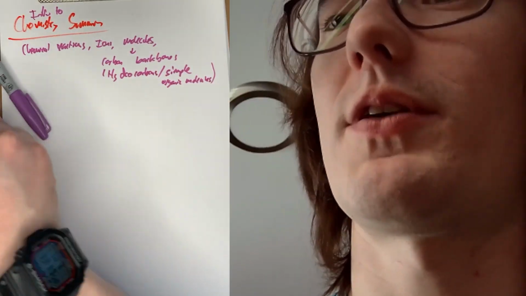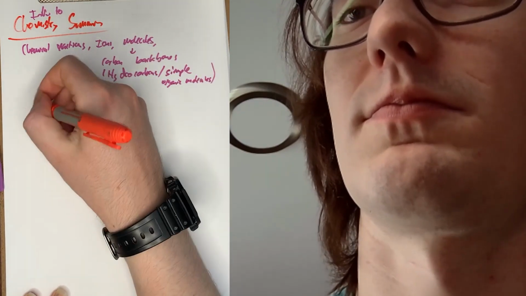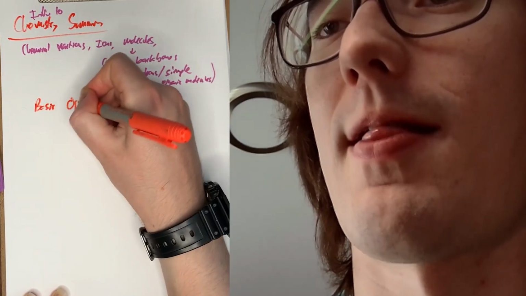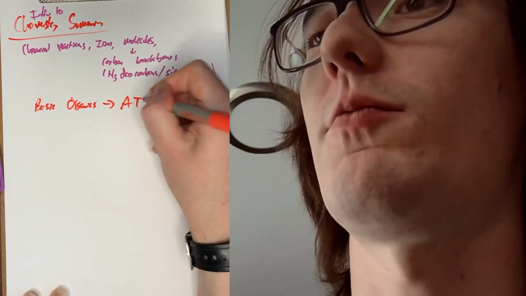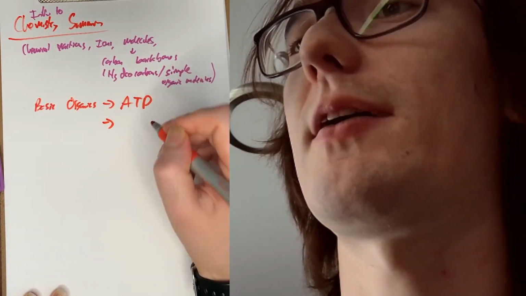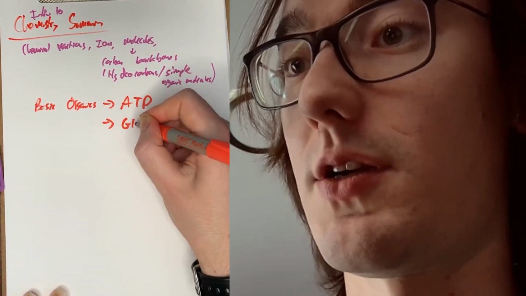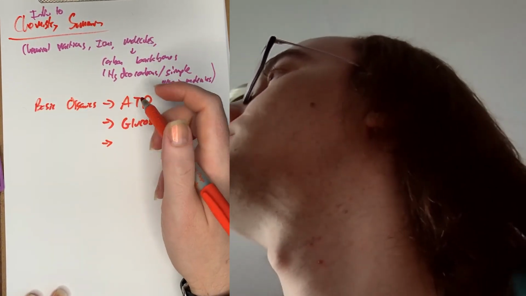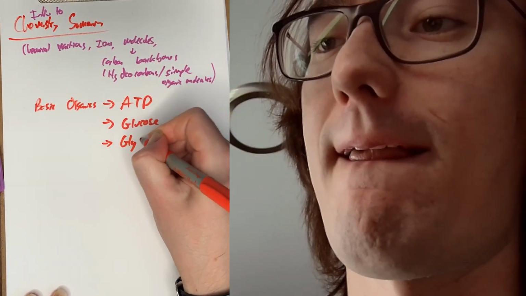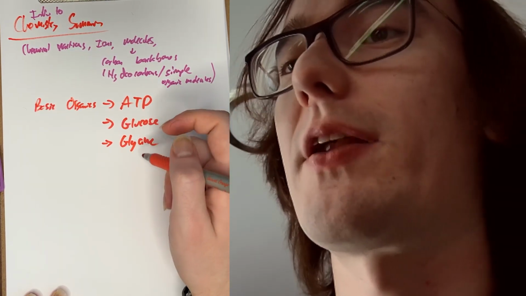So this allowed us to discuss some of the basic organics. We, of course, talked about ATP, which is really important. We talked about glucose for sugars. We talked about an amino acid. Which one did we cover? Glycine. And, of course, the roles of amino acids and things.